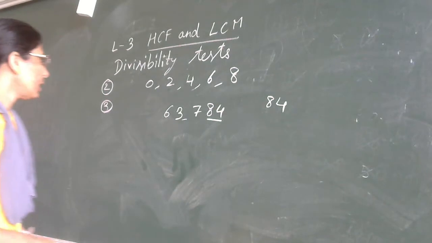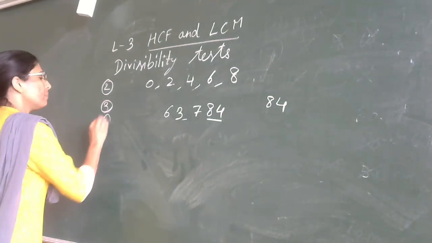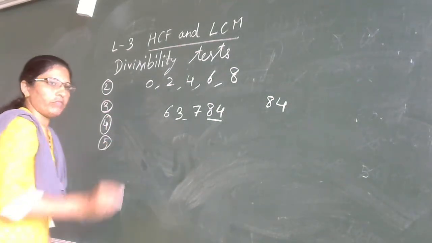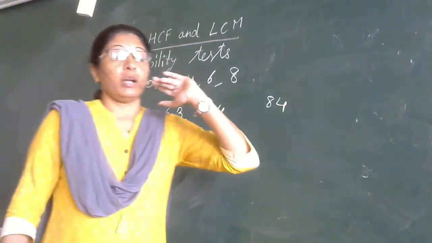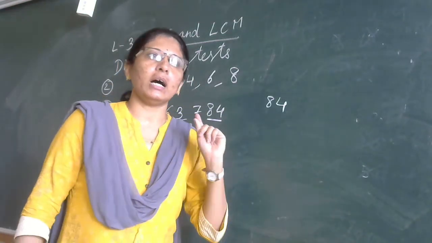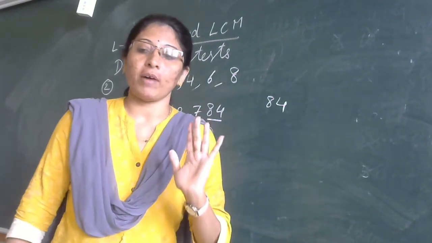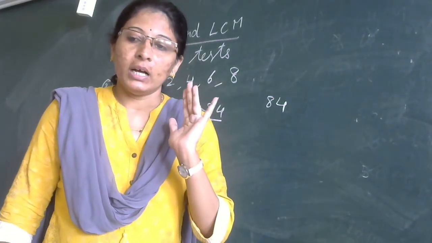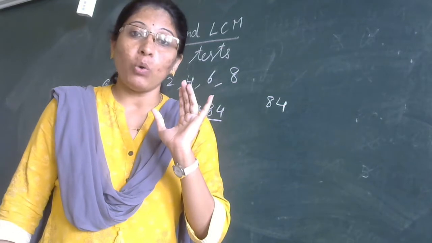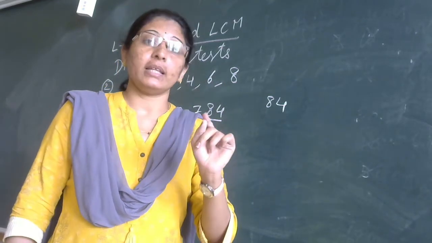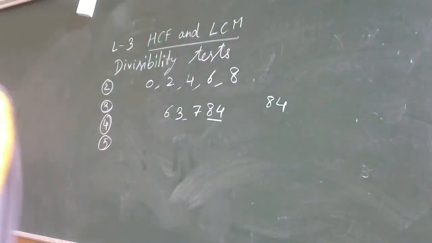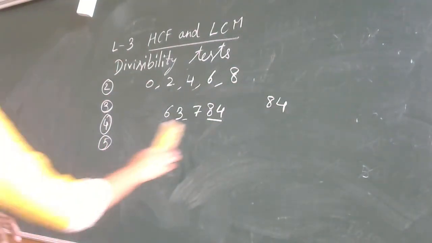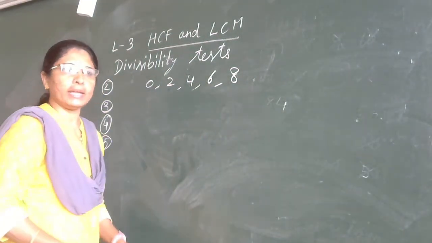Okay. Now next is divisibility by 5. Divisibility by 5 is same like this 2. A number is divisible by 5 when in the ones place either there will be 0 or 5.